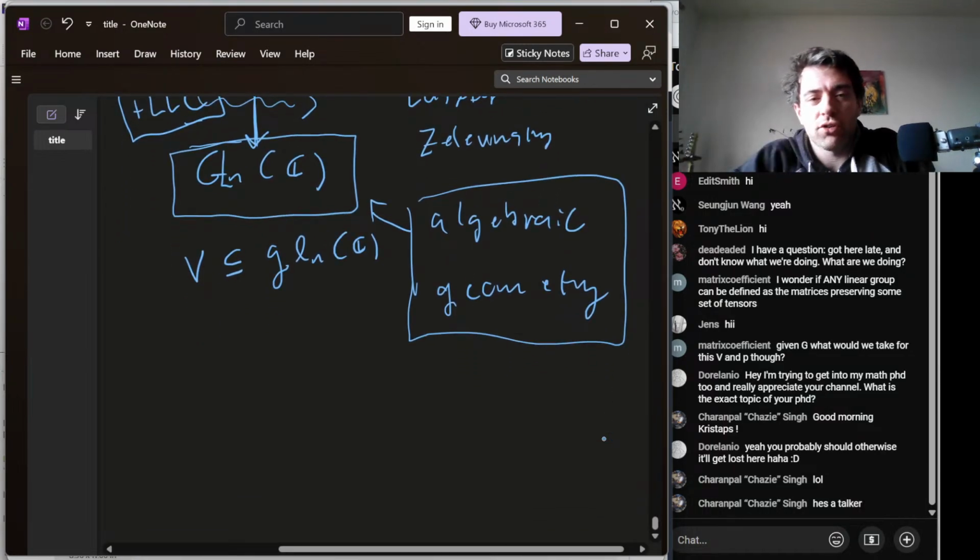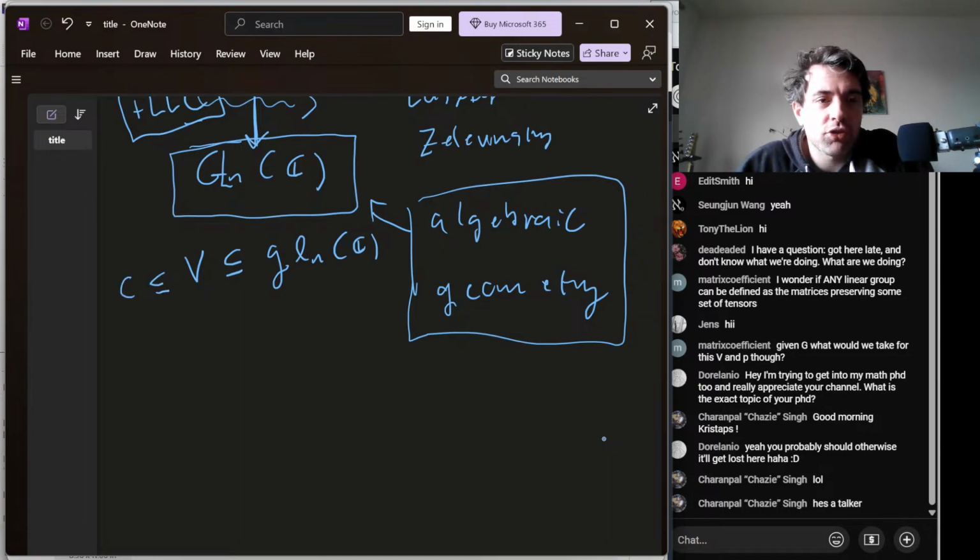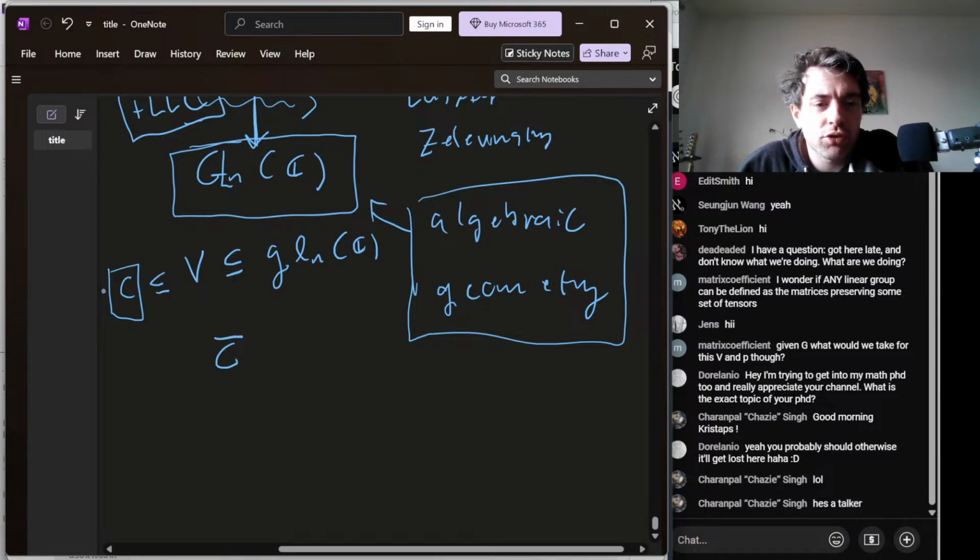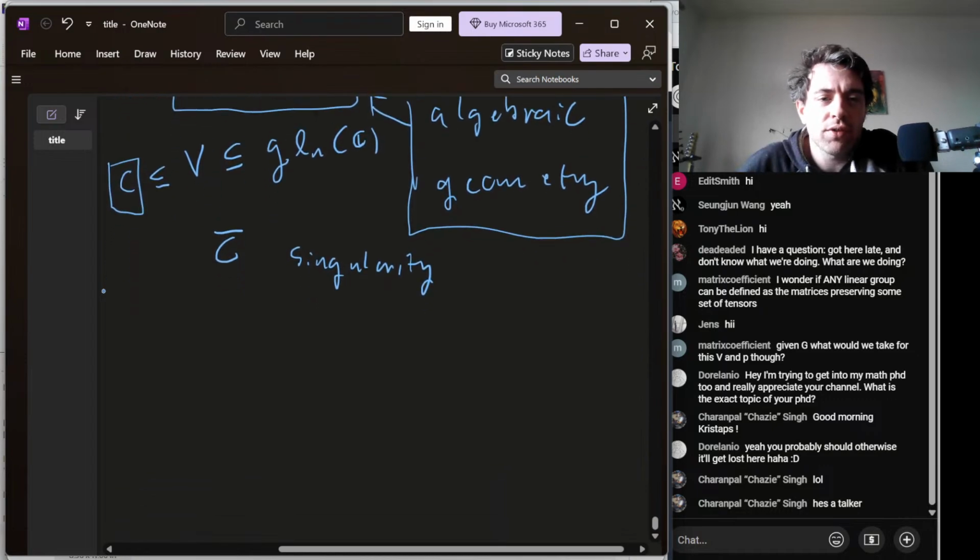But we're looking at a certain special subset of that, and even more special subsets here. And for example, one thing I study is these special subsets I look at, their closures, whether they have singularities or not. And one of the ideas of the research is that these singularities mean something about the representation theory.